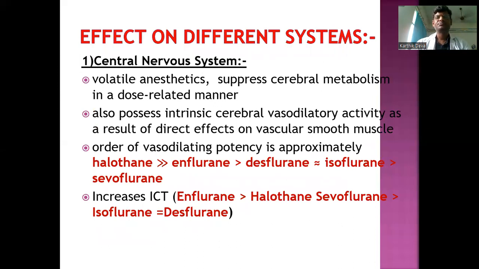Effect on different systems. In the central nervous system, volatile anesthetics suppress cerebral metabolism in a dose-related manner. They also possess intrinsic cerebral vasodilatory activity as a result of direct effects on vascular smooth muscle. Order of vasodilating potency is approximately halothane is more than enflurane, then desflurane is equivalent to isoflurane.